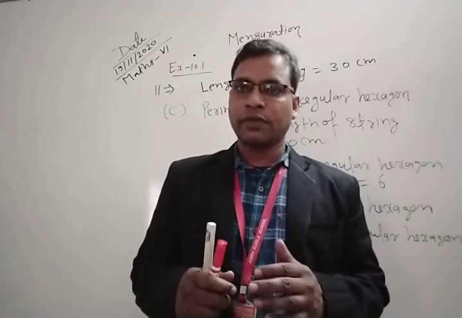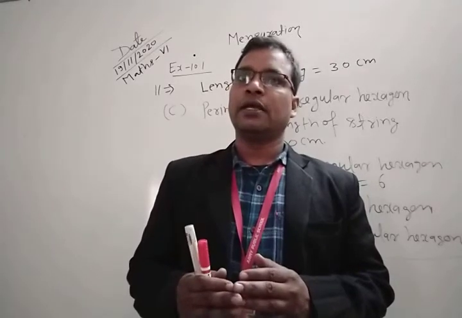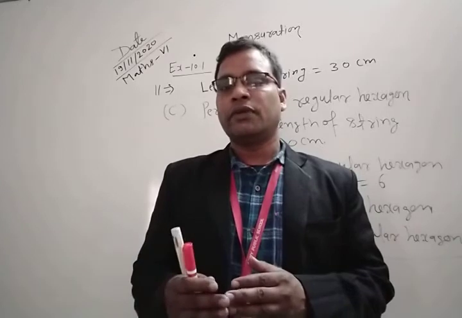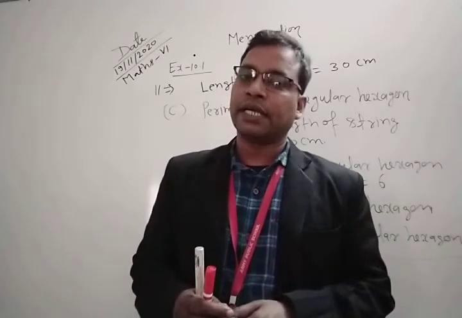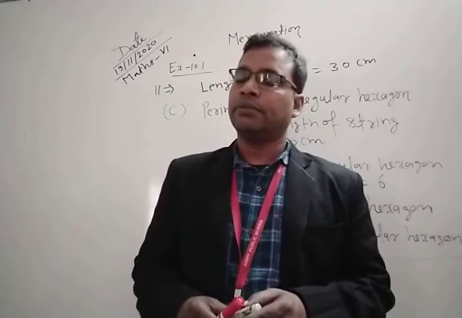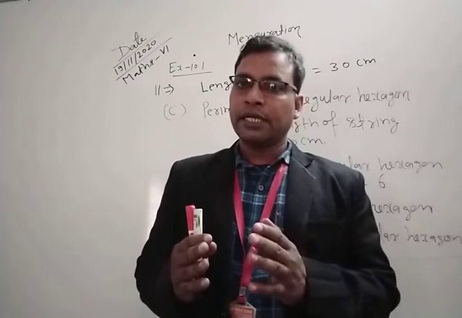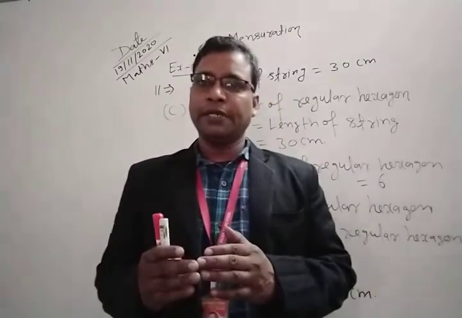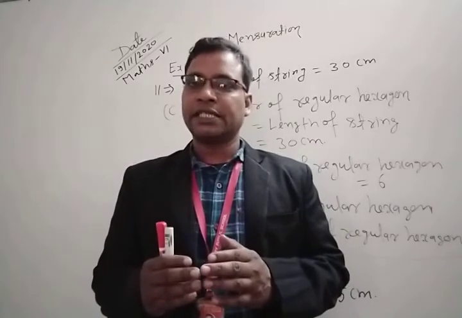Here you can see we find the side of a square is 7.5 centimeters, because when you divide the perimeter of a square by 4, you obtain the length of a side. The perimeter of this square is 30 centimeters. When you divide 30 centimeters by 4, you obtain 7.5 centimeters. This is the side of the square.